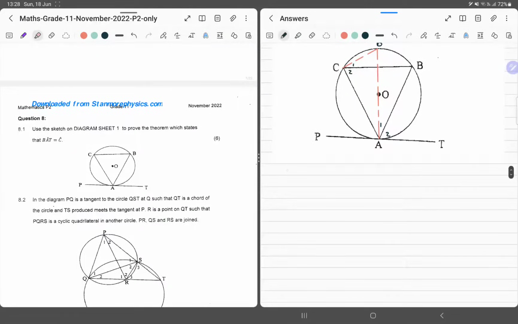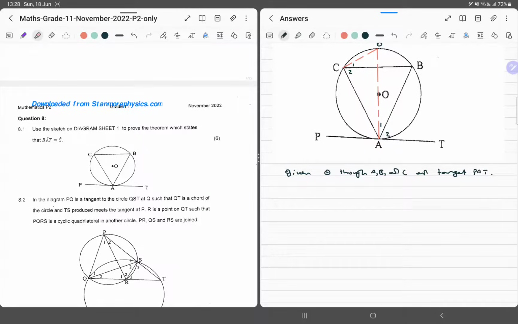So we can say here we are given. What are we given? We are given circle, center O, through A, B, and C, and tangent PAT.